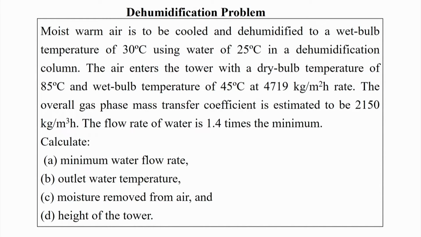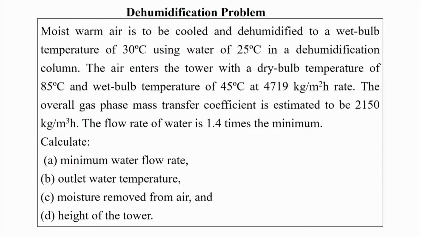The problem: moist warm air is to be cooled and dehumidified to a wet bulb temperature of 30 degrees Celsius using water at 25 degrees Celsius in a dehumidification column. The air enters the tower with a dry bulb temperature of 85 degrees Celsius and wet bulb temperature of 45 degrees Celsius at a rate of 4719 kg per meter square hour. That is the rate of the moist air.